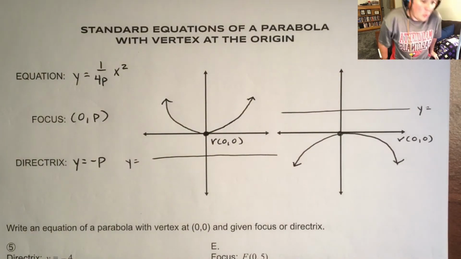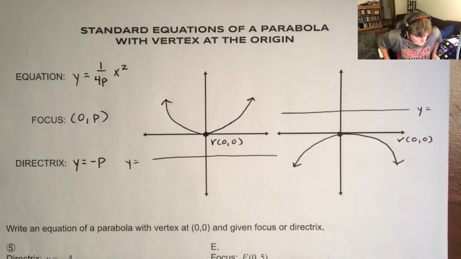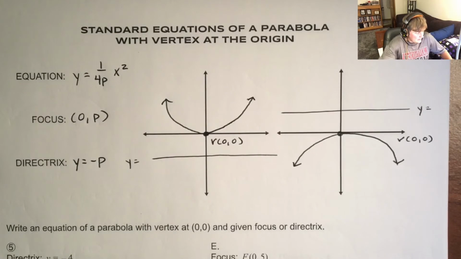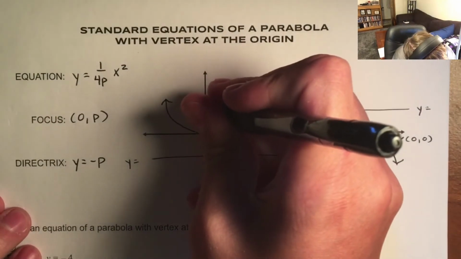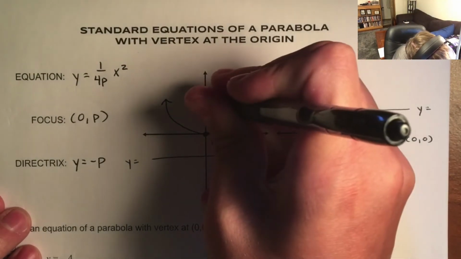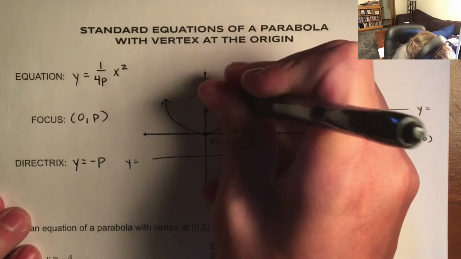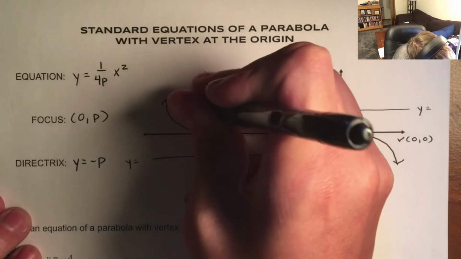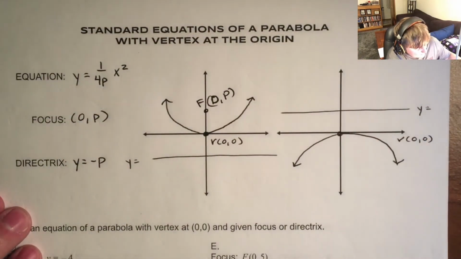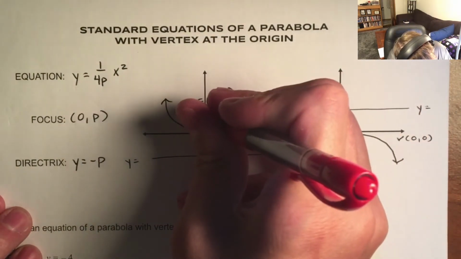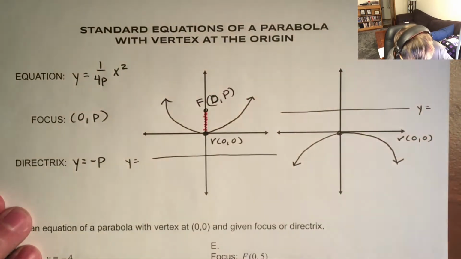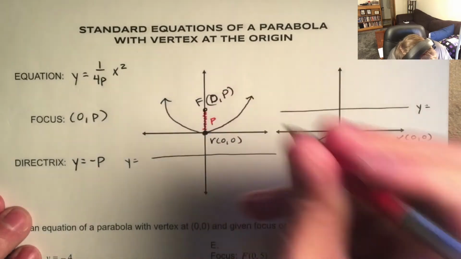Now let's talk about what p is. So here's my focus, which is (0, p). That's my focus. So what is p? p is going to be this distance right here. This is my little lowercase p here.